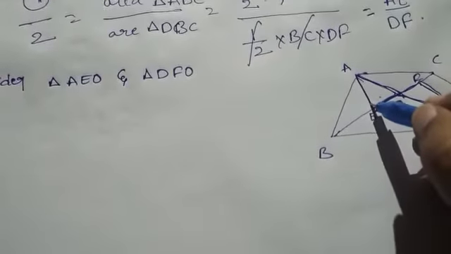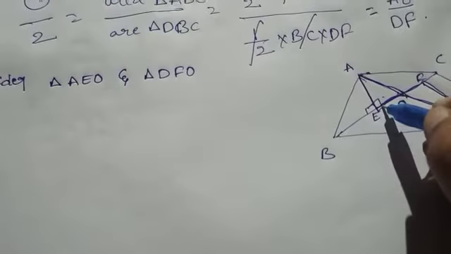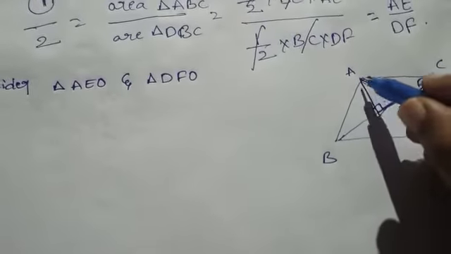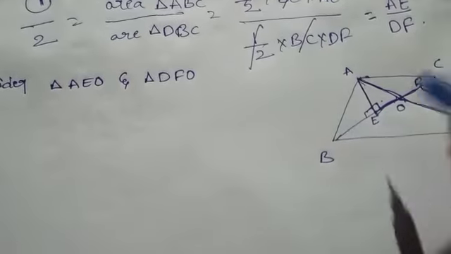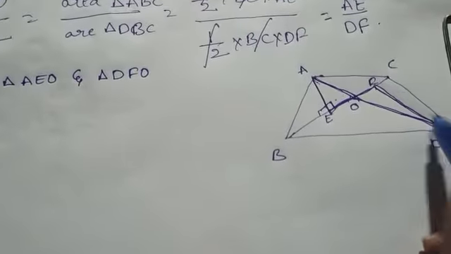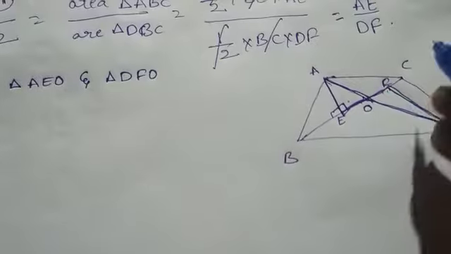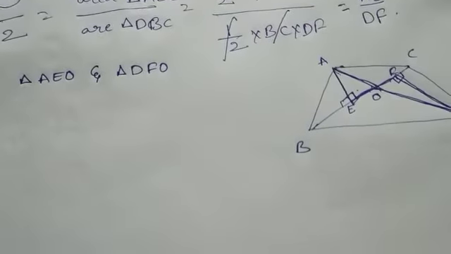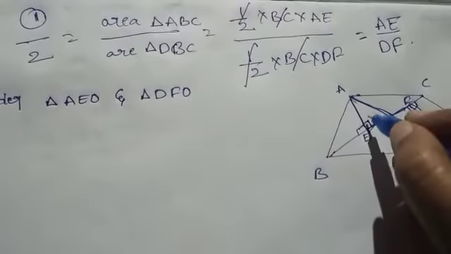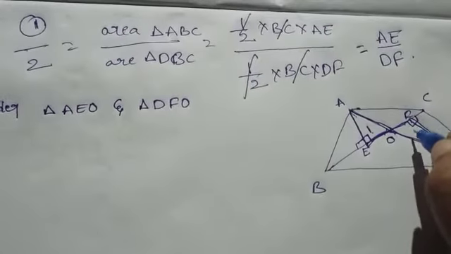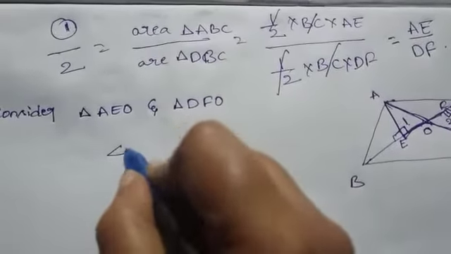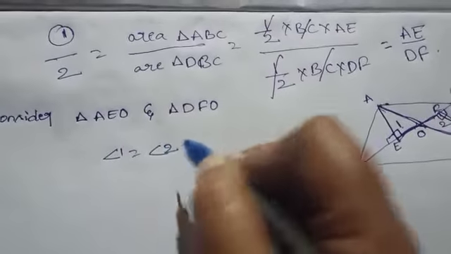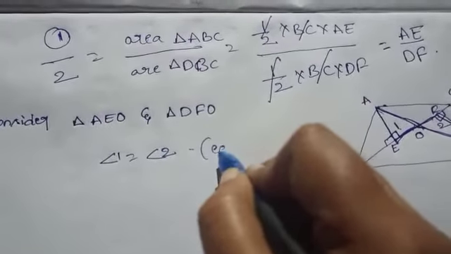Here AE is perpendicular, so angle AEO equal to 90 degrees and angle DFO equal to 90 degrees. DF is one perpendicular. Suppose this angle is 1, this is 2. Here angle 1 equal to angle 2, each 90 degrees.